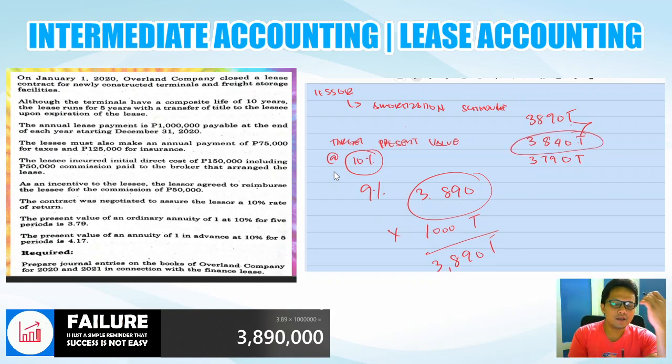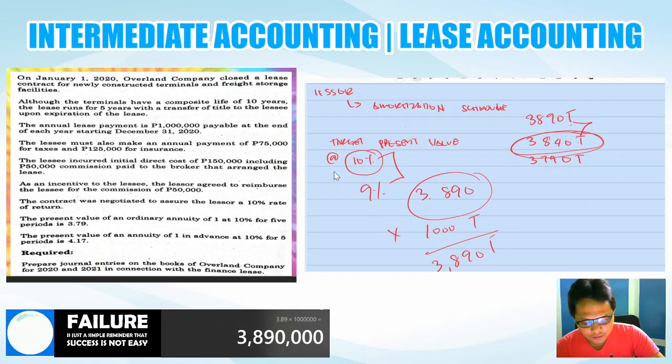So, anong ibig sabihin yan? Ang ibig sabihin na niyan is that possibly, the implicit rate applicable for this 3,840,000 target amount is between 10 and 9%. So, we'll now use the interpolation. Okay? We'll now use the interpolation.